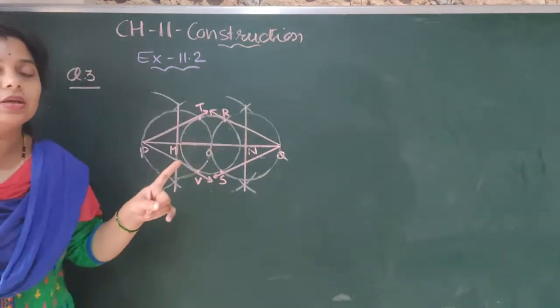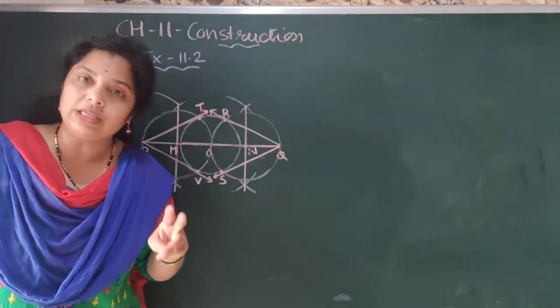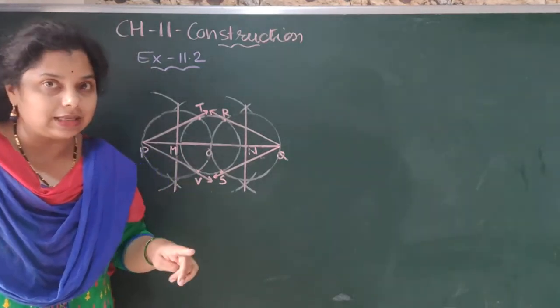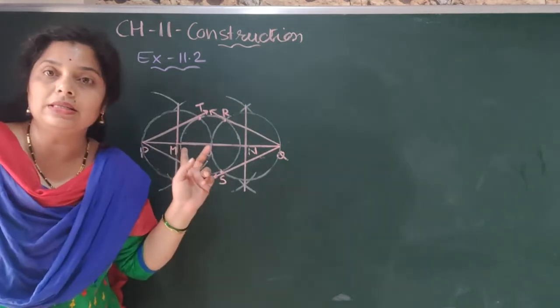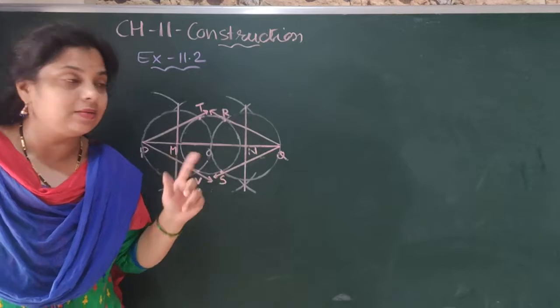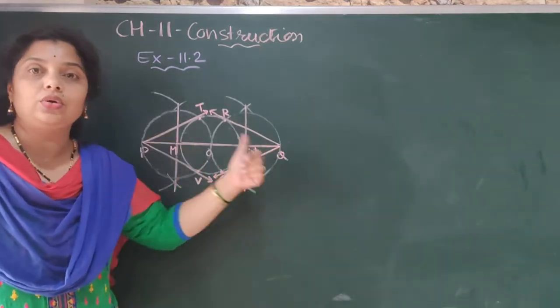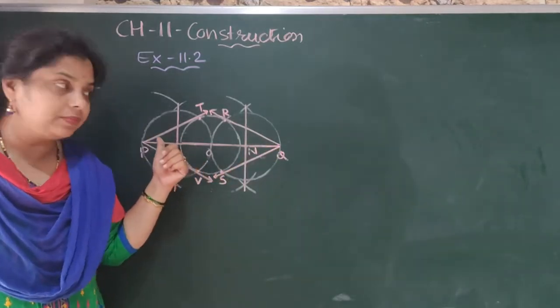So the first step is to draw the radius of 3 centimeters. Second step, take OQ and OP as 7 centimeters such that they are at the extent of a diameter.